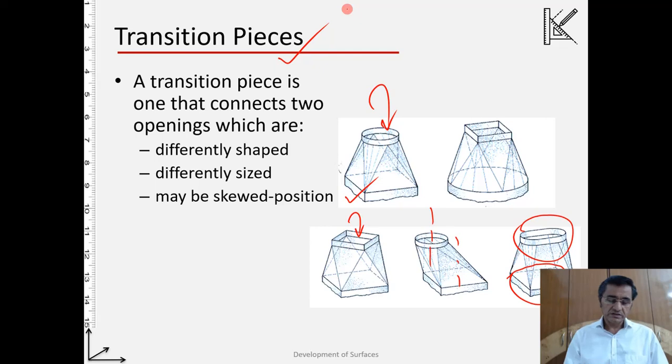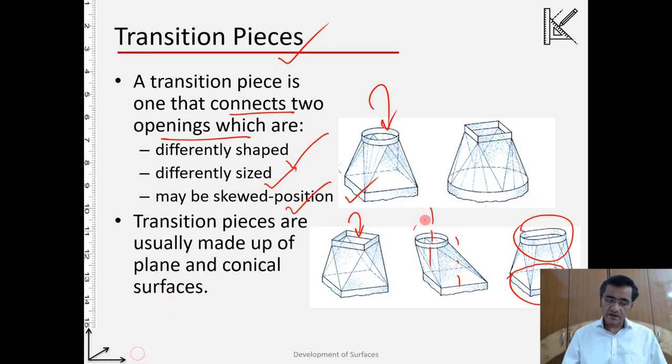For the transition pieces, some basic things. Yes, a transition piece is one which connects two openings. As we said, these two openings can be of different shape, different size, and also may be skewed in their position. Alright, as in this case it is skewed.